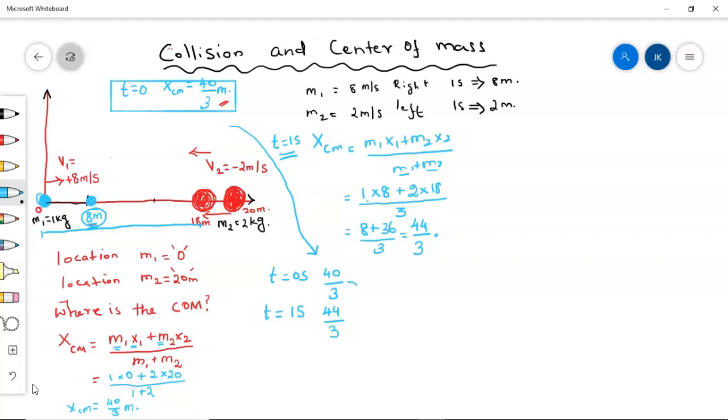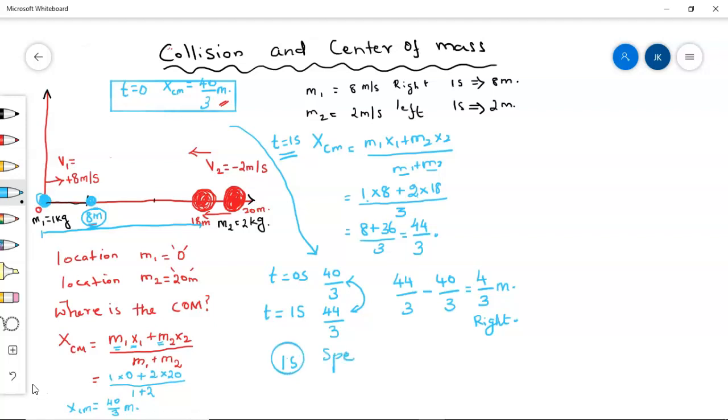If we subtract these two values, we would know the distance it is moved. It is 4 divided by 3 meters, moved to the right, and it is moved within 1 second.